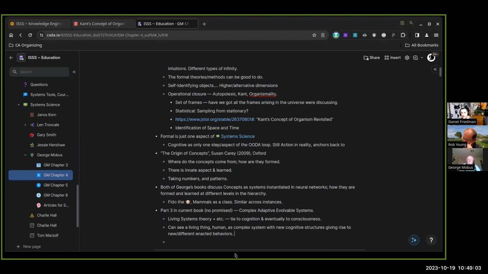Because without understanding the experimenter, the observer, the experiment doesn't even happen. So understanding our active role in the knowledge engineering system and the education system, understanding the human as a system, a part of systems, has to be part of it.